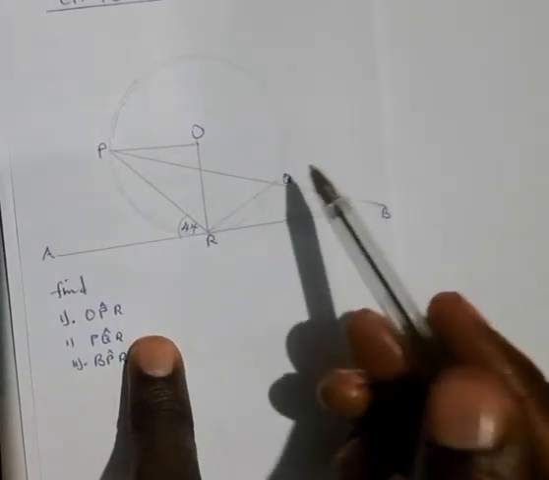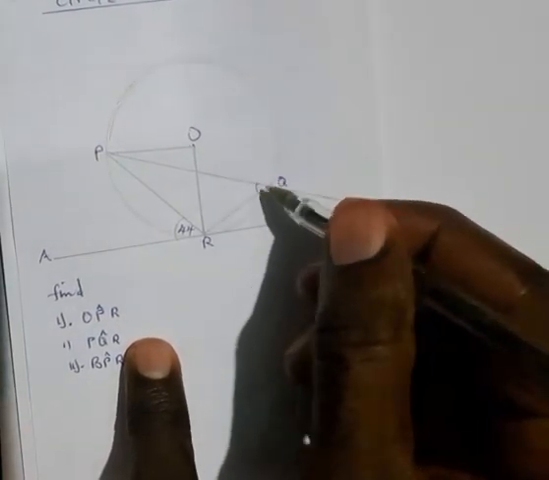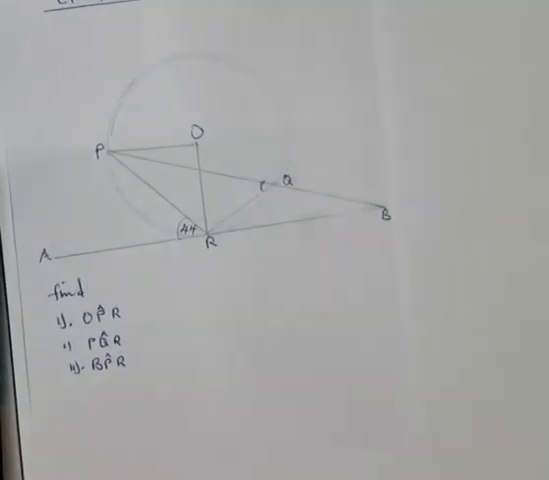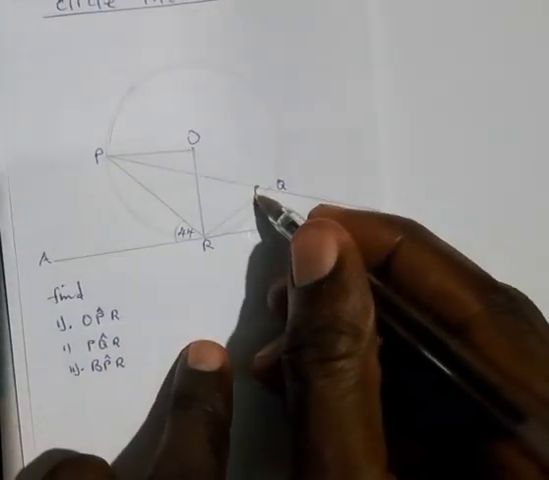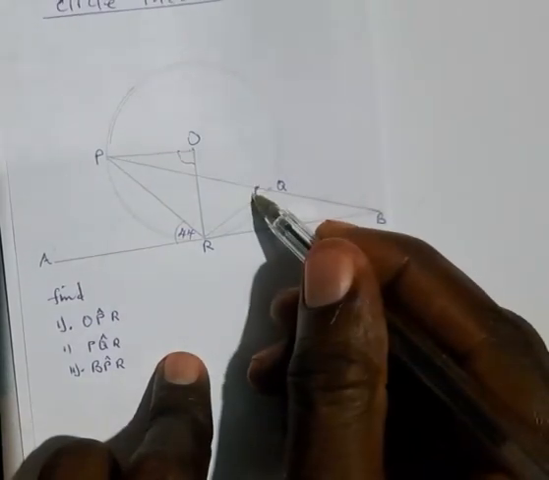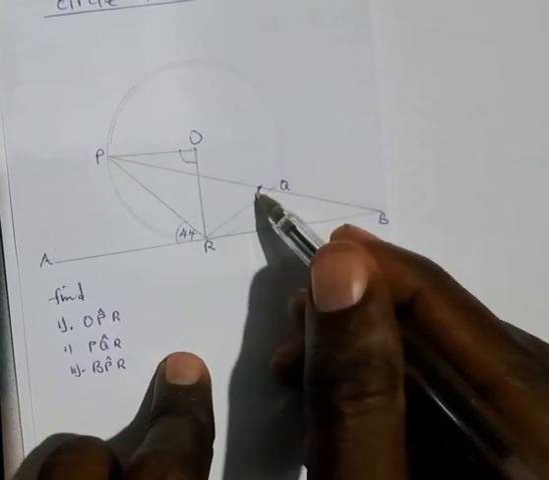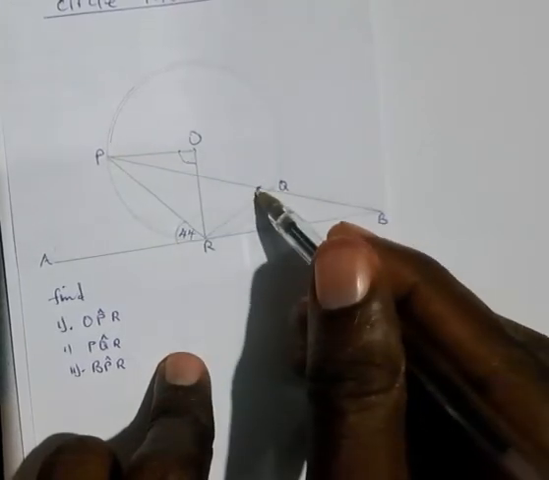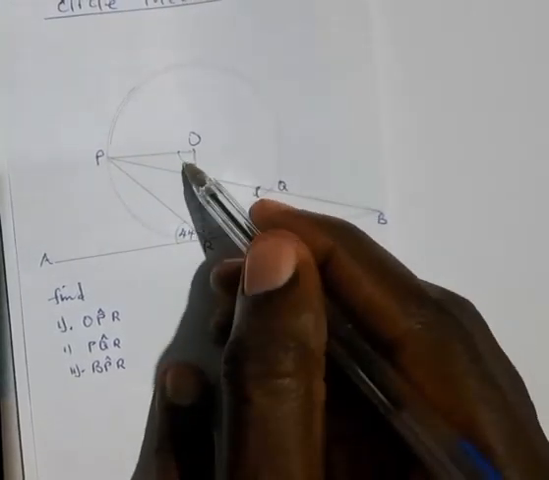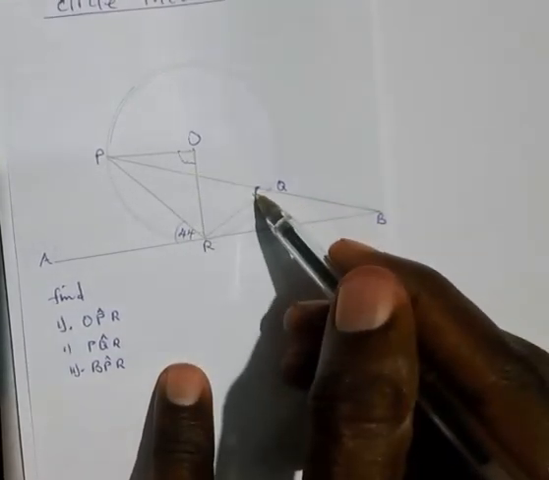So they've met here. There's a relationship that exists between this angle and this angle. This is the angle at the circumference, and this is the angle at the center. So the angle at the circumference is half the angle at the center, or the angle at the center is twice the angle at the circumference.